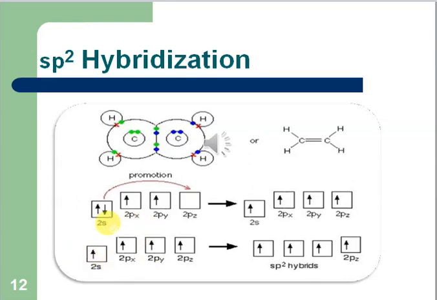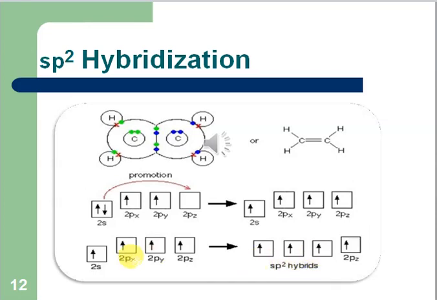Here we are considering this s and these two p orbitals, while this pz orbital is not participating in hybridization. When orbitals mix, we have three sp2 orbitals of lower energy, while the orbital that has not participated in hybridization has slightly higher energy, right? This pz orbital is said to be unhybridized, while these are sp2 hybridized orbitals.